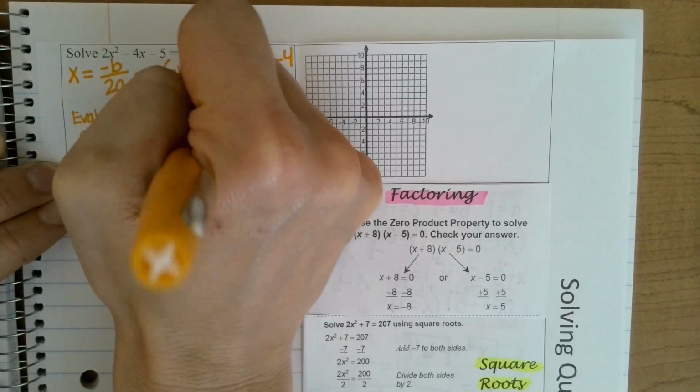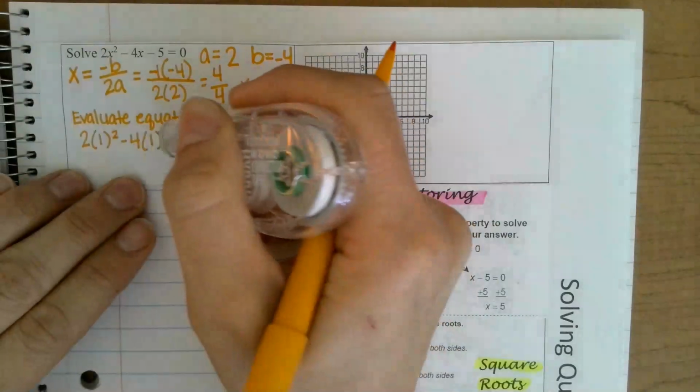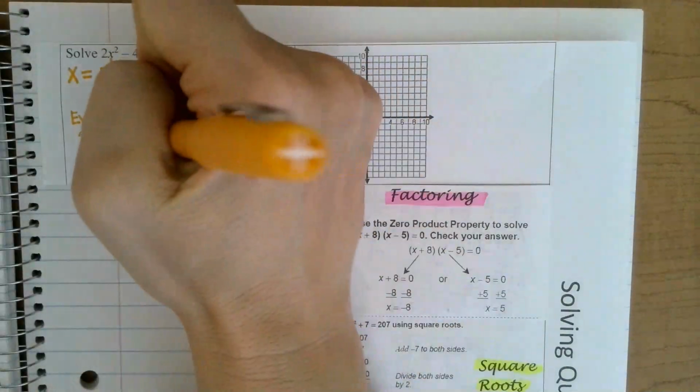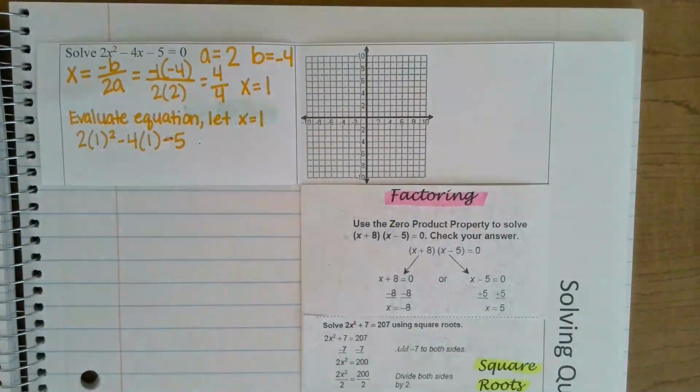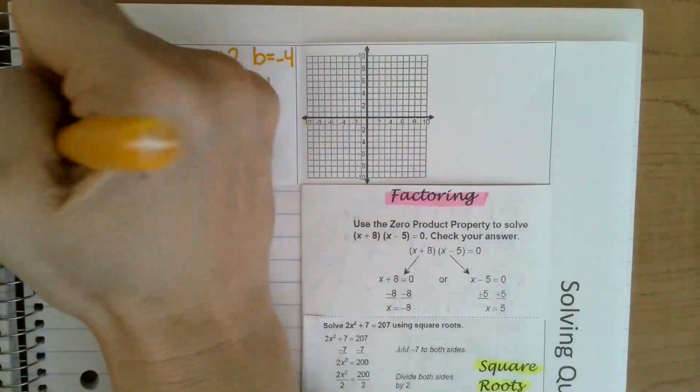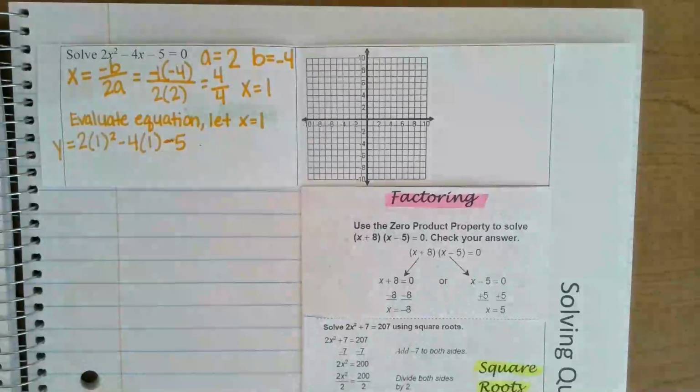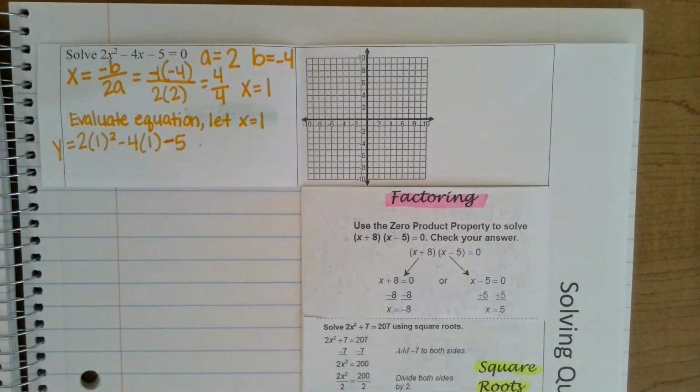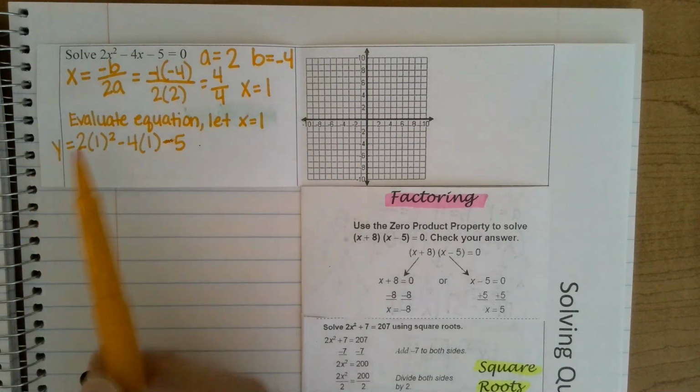Whoops, minus 5. All right, now we can solve for that, and the answer will be our y value. So here, I'm going to put a y equals in front of it. You can either put it all in your calculator or just follow order of operations. So PEMDAS, we would do exponents first.